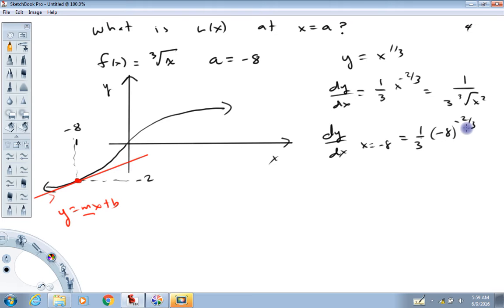Give me just a second. Okay, I get 1/12 out of that. So we're going to have dy/dx equals 1/12.